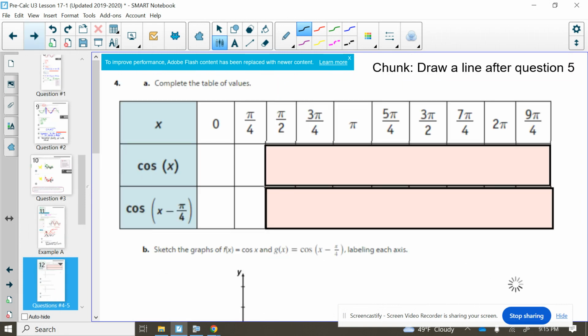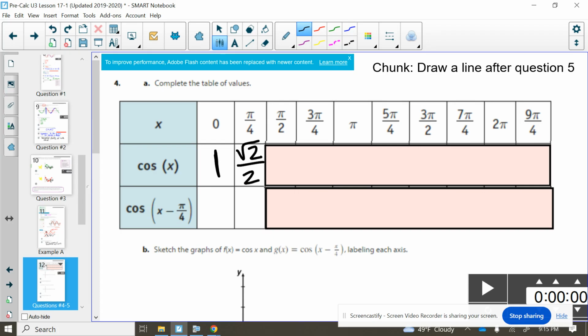Now on the next page, we see that we have the cosine. And again, if we think about cosine of 0, that's 1. Cosine of pi over 4, that's square root of 2 over 2. Now, if we shift everything on this graph, x minus pi over 4, everything is shifting to the right, essentially.